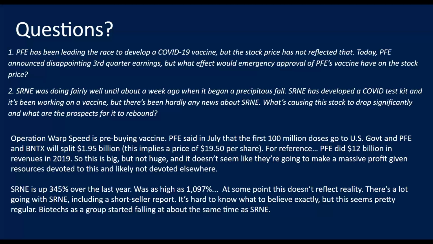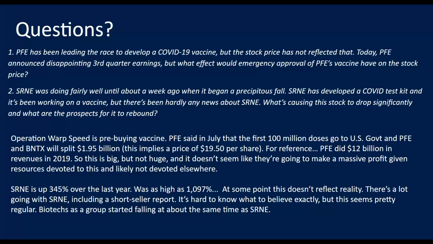But the thing to remember about all of these big vaccine companies is Operation Warp Speed, as they're calling it, is pre-buying the vaccine. So back in July, the company said the first 100 million doses are going to the government, and Pfizer and BioNTech, I don't remember exactly how to say that company's name, BNTX is the ticker, are going to split 1.95 billion for those first 100 million doses.